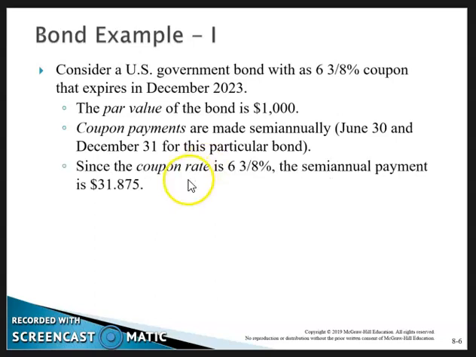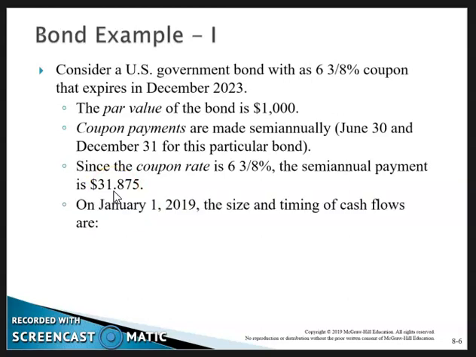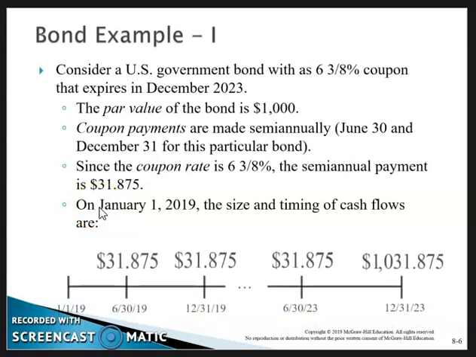So since the coupon rate is 6 3/8%, the semi-annual coupon payment is 1,000 times 0.06375 divided by 2, which would give you $31.875. On January 1, 2019, the size and timing of the cash flows are as follows.